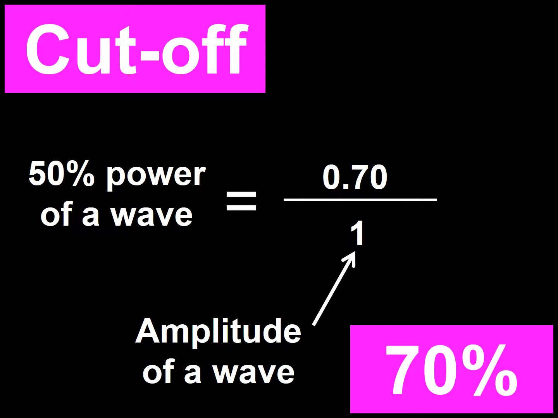The choice of 70% reduction was made to label the filters because a 70% reduction in amplitude of a wave represents a 50% drop in the power of a wave.